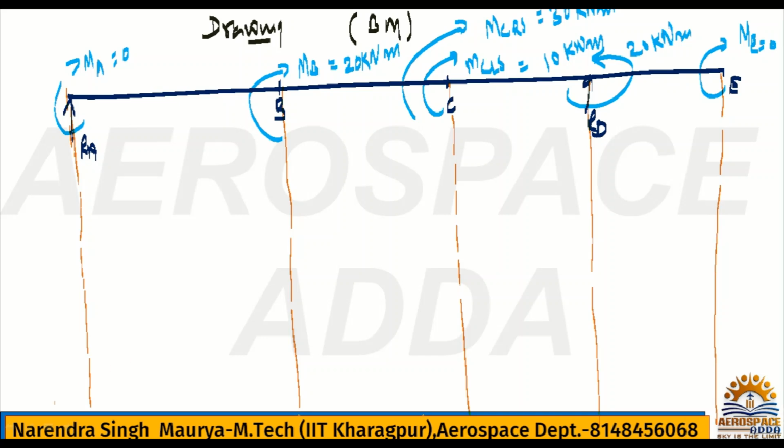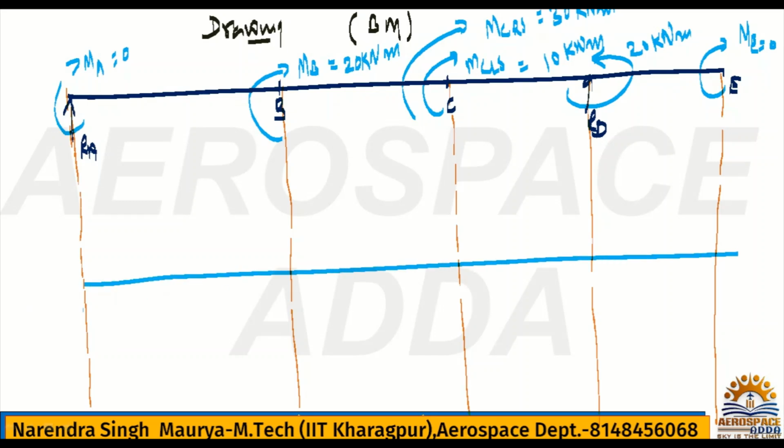Draw one reference line, which is nothing but a horizontal line, and this is 0. If you go upward it will be positive, if you go downward it will be negative.